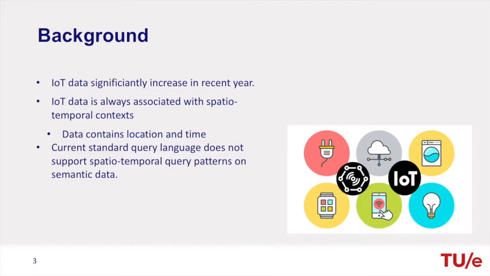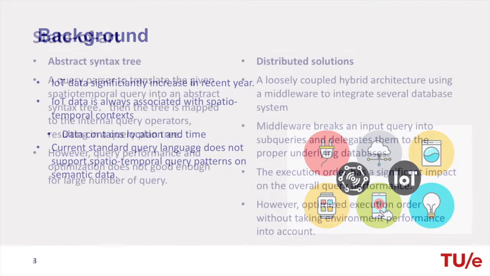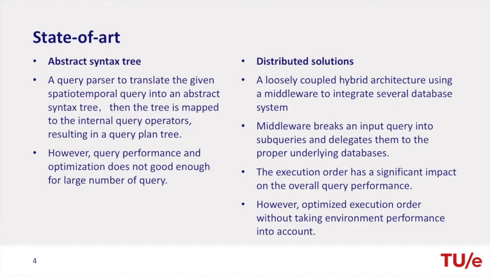However, the current standard query language for this kind of data does not support spatial temporal query patterns on semantic data. So to get more benefit from this data, it is important to solve this problem.